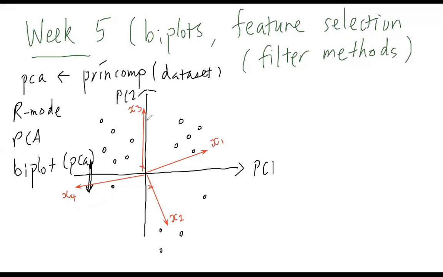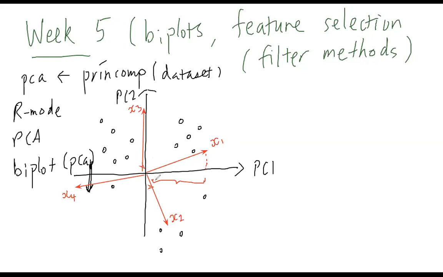What is done in this plot is that the relative positions of the data points in the principal component space are unchanged, but it has been scaled in such a way that for this particular variable, this length is its x component, its component along principal component 1.